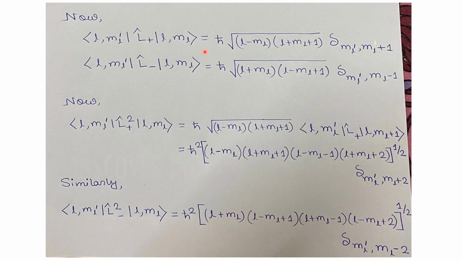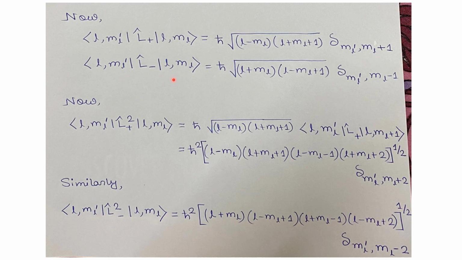As all the L and ml states are orthogonal, the inner product will give delta of ml dash, ml plus 1. So this value will be 1 when ml dash equals ml plus 1, and it will be 0 when ml dash is not equal to ml plus 1.